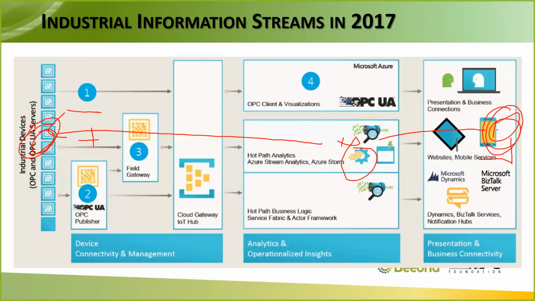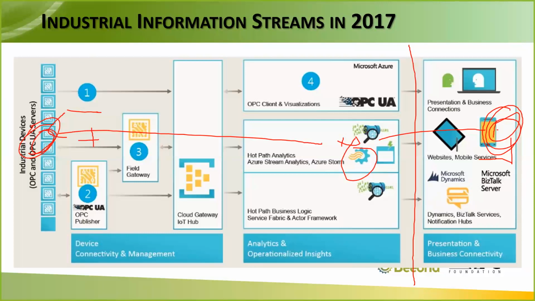But at this point, the system doesn't know what protocol is being used. It should be transparent. And having that bidirectionality of discovery, security, and of course, transport of information was quite a challenge. And it's been addressed by the latest specifications of the OPC UA standard.